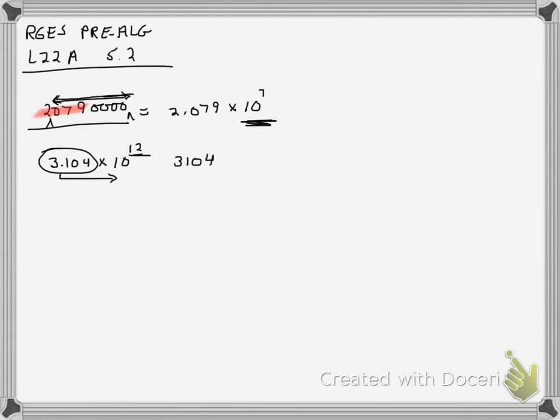I notice that I've already moved my decimal point over 3 places, and now I need to go 9 more. 1, 2, 3, 4, 5, 6, 7, 8, 9 zeros. Putting in commas, we get 3,104 billion.